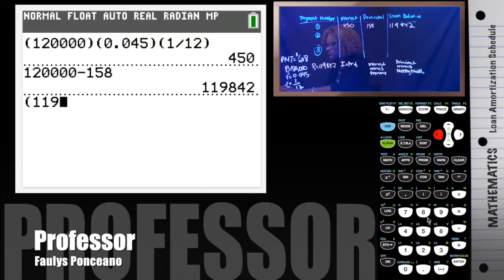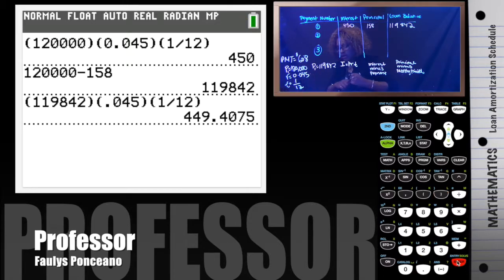Make sure you have your parentheses. And time is still 1/12 because it's just the second month. Now I have 449.41, round to 2 decimal places. So 449.41 goes into interest. Now I'm going to subtract the payment and the interest to give me how much money is actually going to the principal.